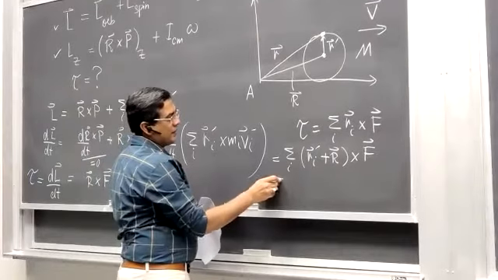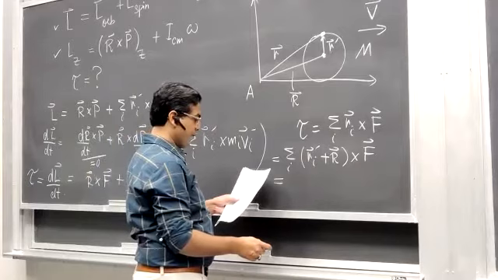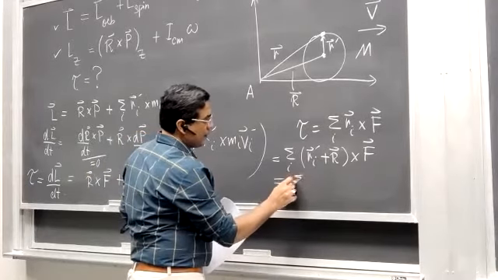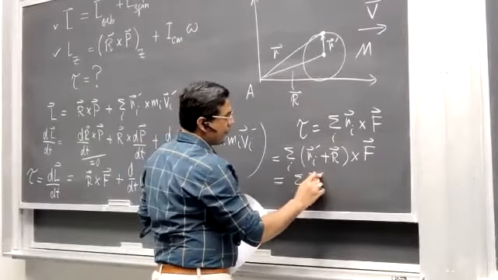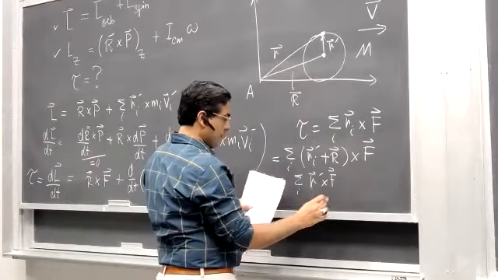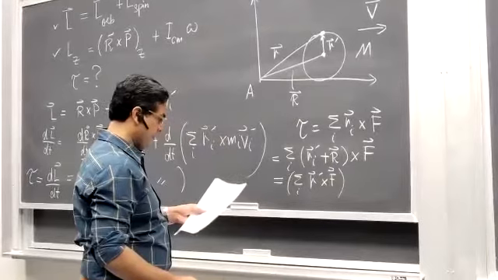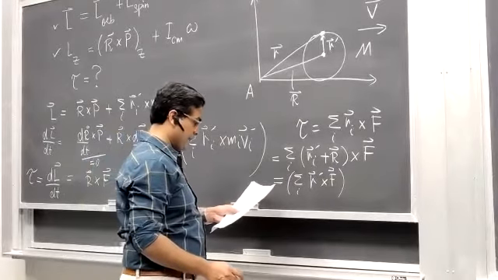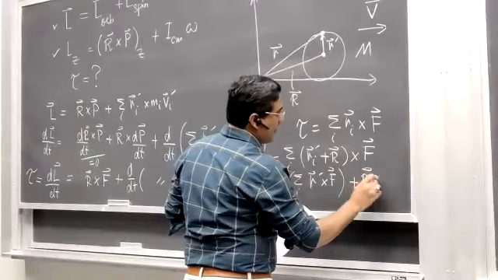And this then simplifies to R cross F. Make sense?